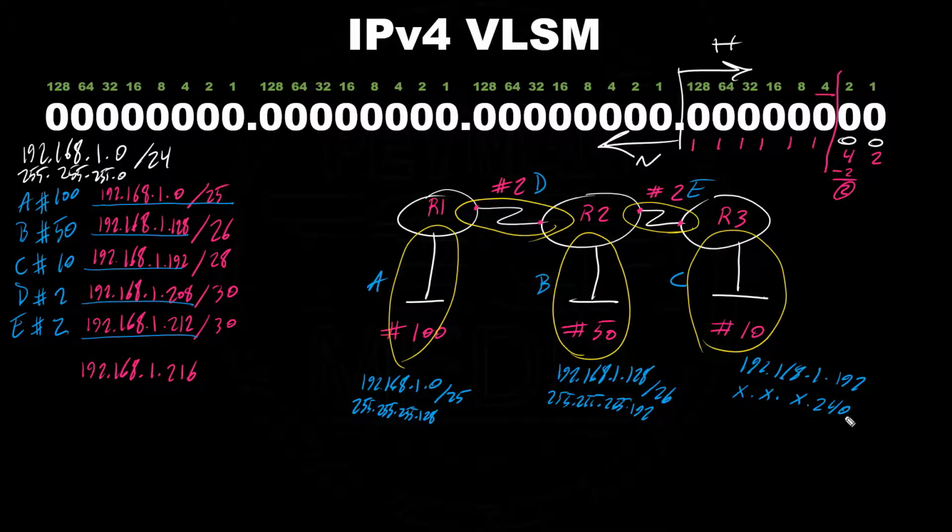255.255.255.240. Why 240? Because here for network C, they needed 10 IP addresses, right? So if we count 2, 4, 8, 16, and draw a cut line, 16 minus 2, 14. So 14, that's more than enough. It covers the 10. It provides more than what we need. We're not wasting too many IP addresses.